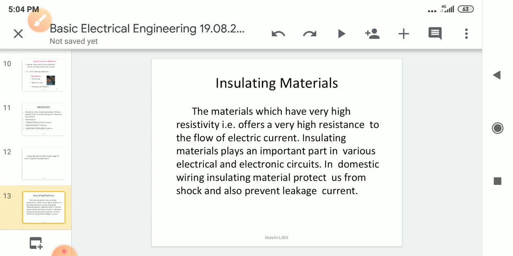The materials which have very high resistivity, 10 to the power of 10 to 10 to the power of 20 ohm meters, offer a very high resistance to the flow of electric current. So insulating materials play a very important role in various electric and electronic circuits.